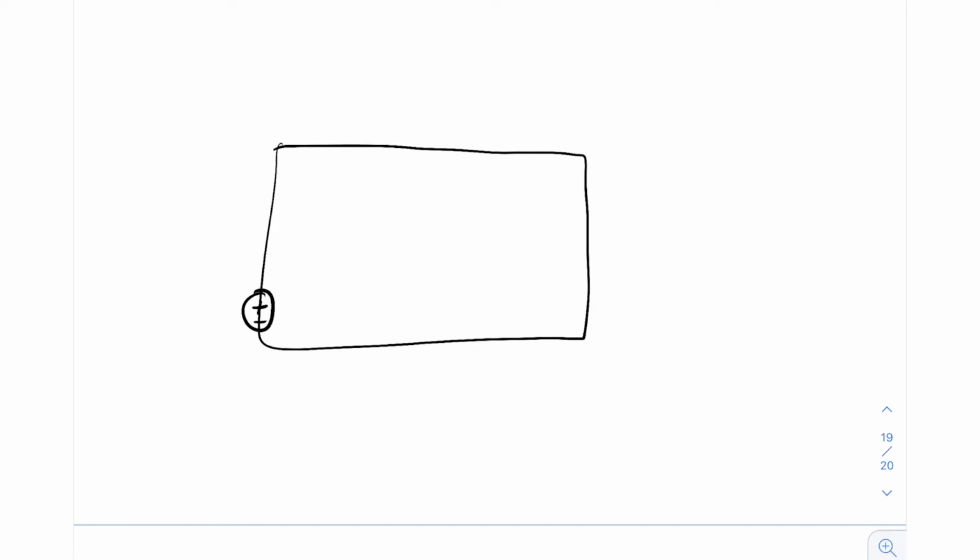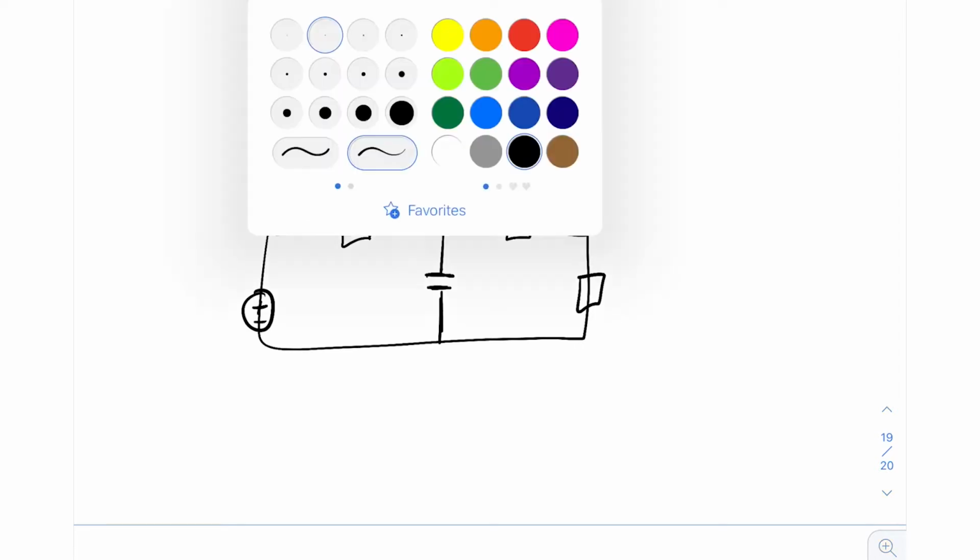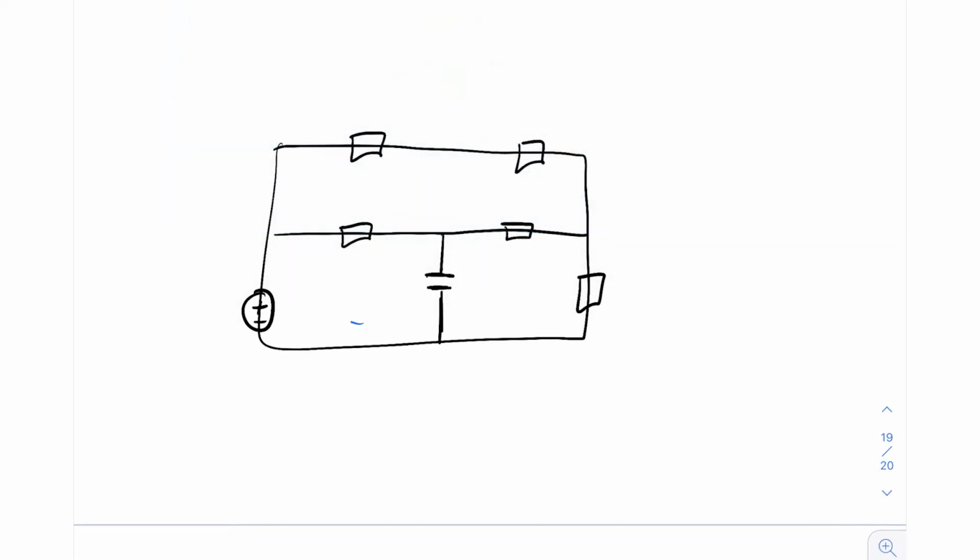We'll do a voltage source here, plus minus, a resistor here, a resistor here, another one along here with a capacitor there, and another resistor there. If you had this circuit here, then you would have one mesh, two meshes, and three meshes.